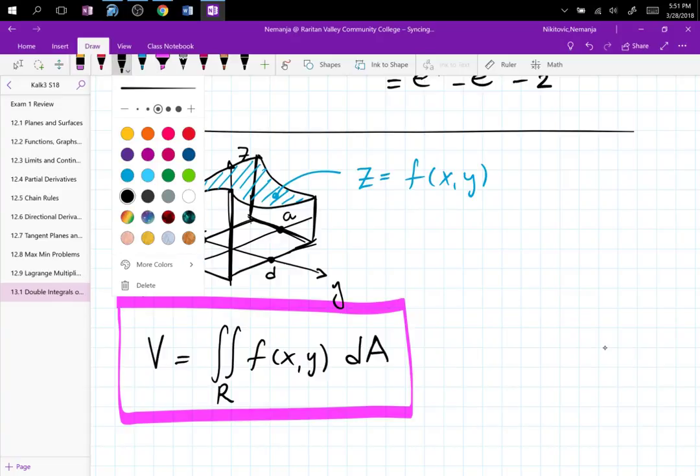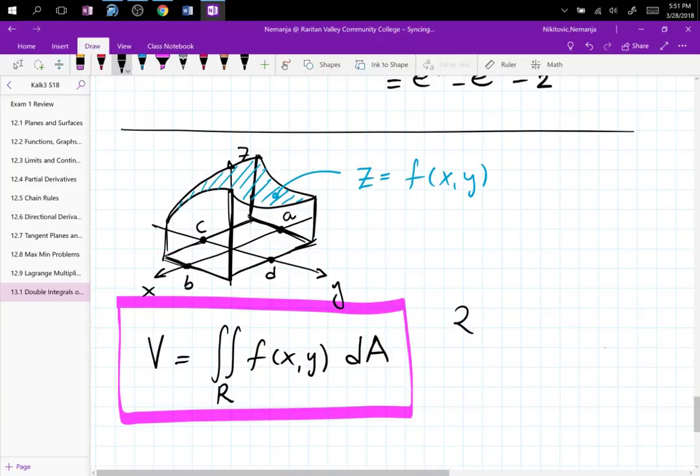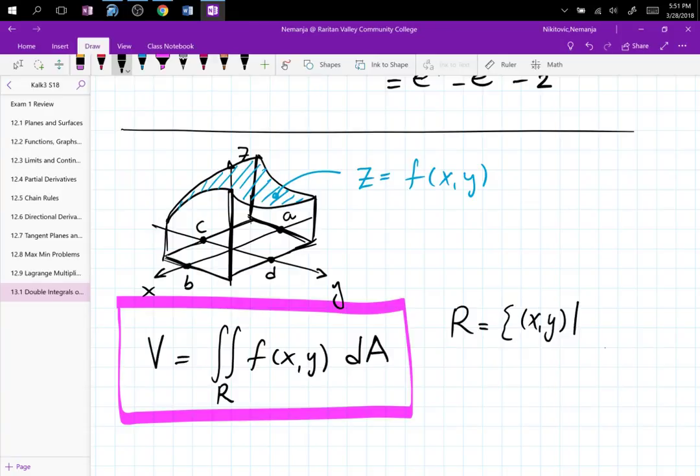First of all, region R is given as a set of all points x, y such that x is in between a and b, and y is in between c and d.